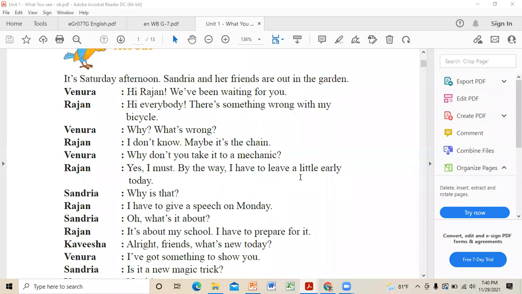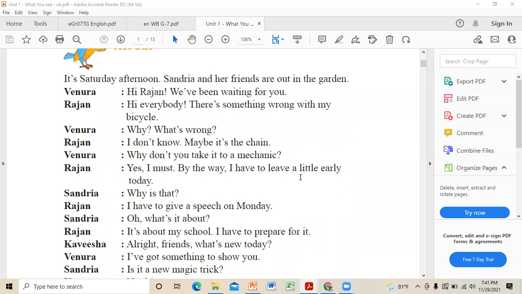So you two can take whatever character you like, and maybe the remaining two I will read for today, right? So we will get used to this, and then all of you can join in reading this. So Vitulya, which character would you like to take? I'd like to take Venura. Okay, good. And Ishini? I'd like to take Sandria. Sandria, right. Okay. So Vitulya will be Venura and Ishini will be Sandria, and I will take Rajan and Kavisha, right? Okay.